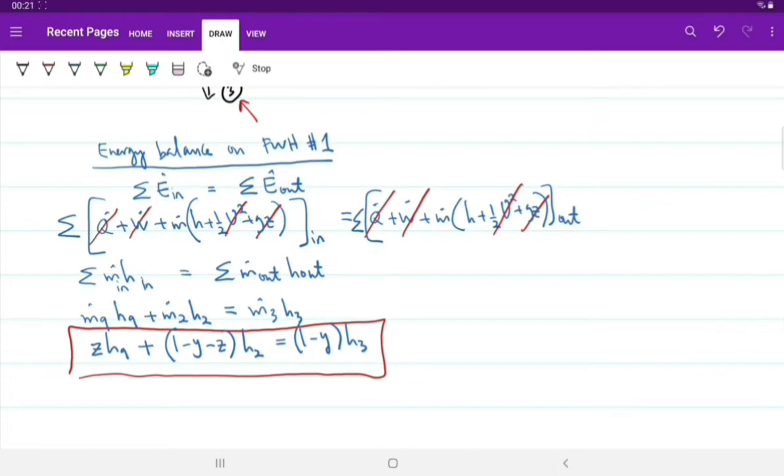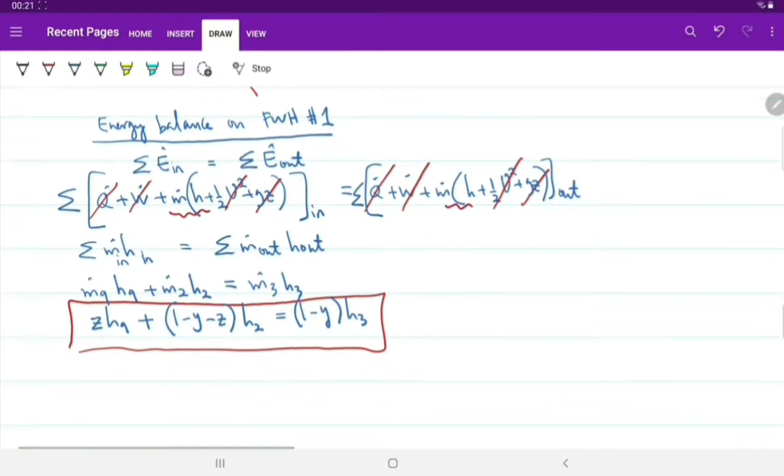And then you can start cancelling all the terms except for the enthalpy term, which is significant here. You cannot cancel the enthalpy term. Okay, summation of M in H in equals summation of M out H out. So the M at the inlet is point number 9, M9 H9.